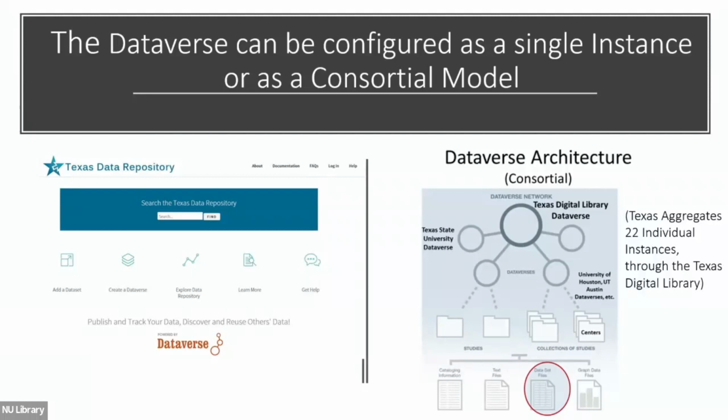Configuring the data as a consortial model, or in that ecosystem I was talking about, also allows you to search and retrieve data sets that might be similar to yours that you might not know about. So Nazarbayev University might have a professor that's similar to one at Almaty, and they're working on the same topic.